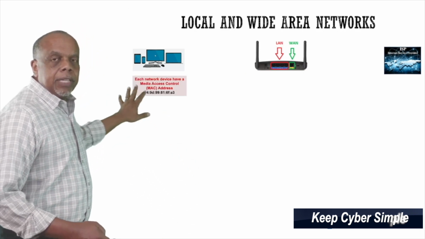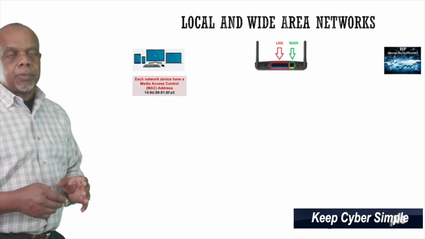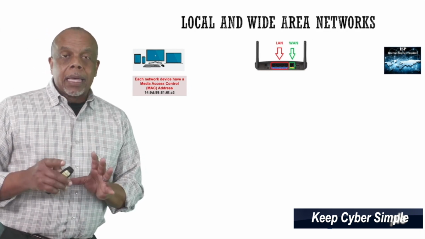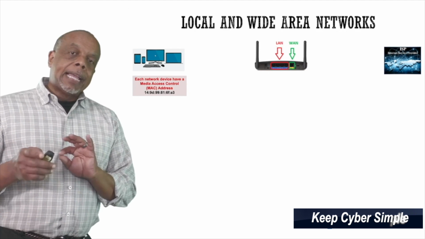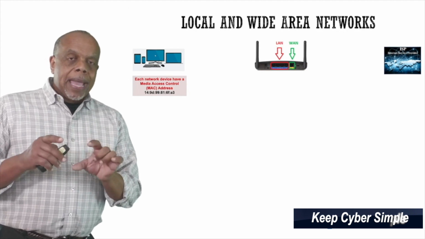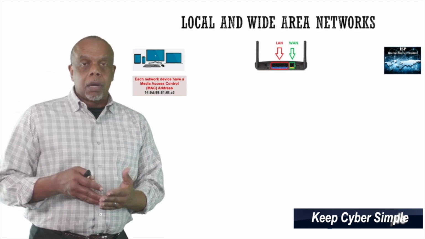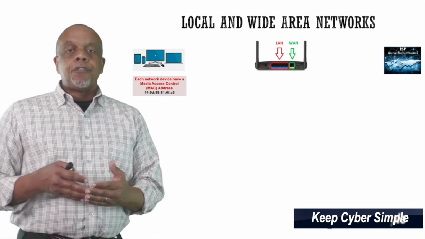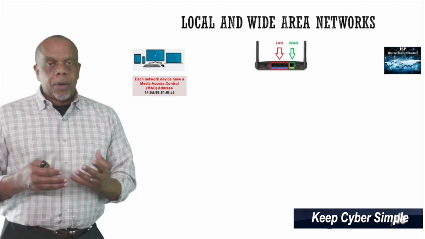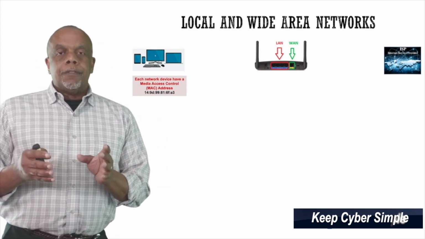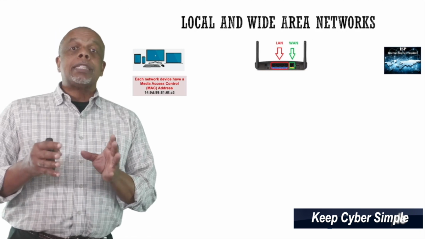Well, what happens, every network device comes from the manufacturer with a MAC address, Media Access Control Address. And that MAC address is hard-coded into the network interface card of every device. Every manufacturer who makes a network device has their own unique set of MAC address numbers that they use, okay?